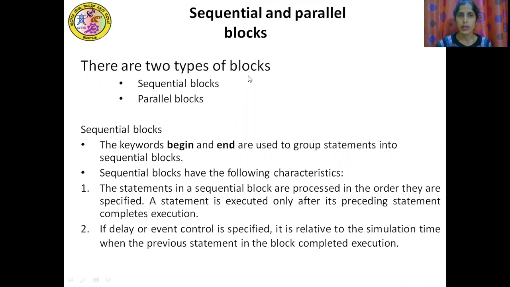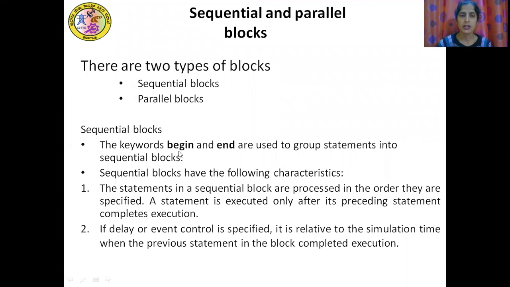There are two types of blocks in Verilog HDL, that is sequential blocks and parallel blocks. Now let us know in detail about the execution of statements within sequential blocks and parallel blocks. First of all, let us begin with sequential blocks.